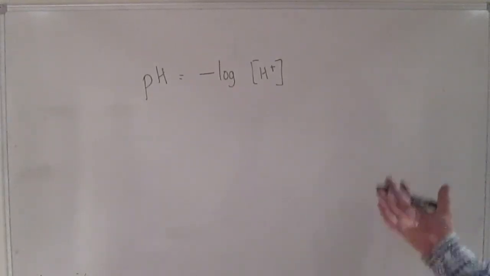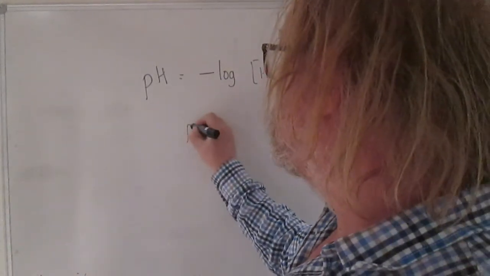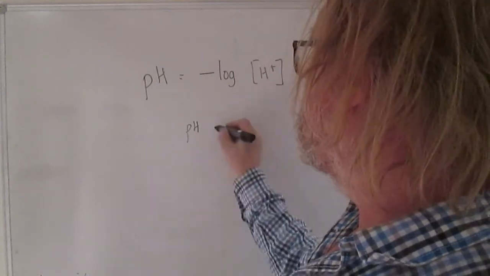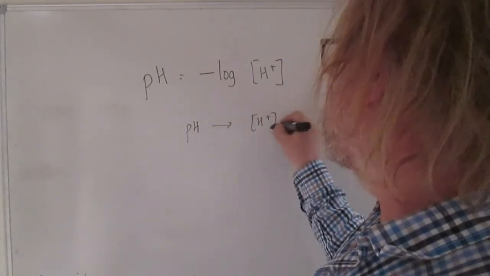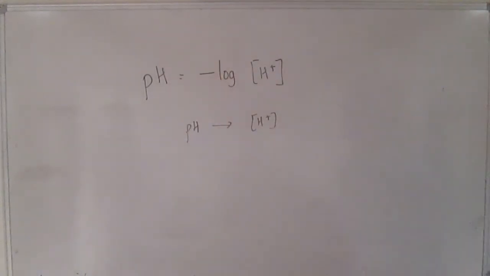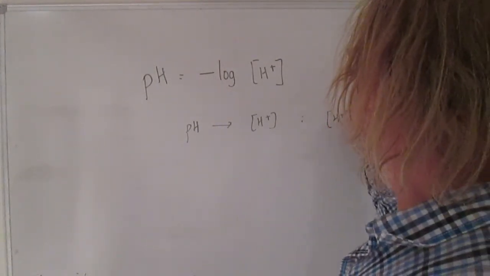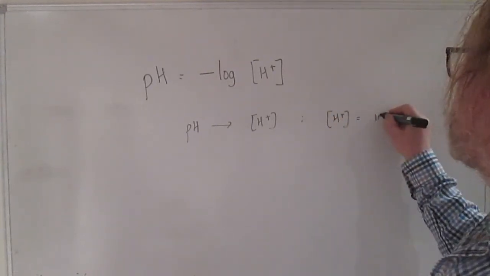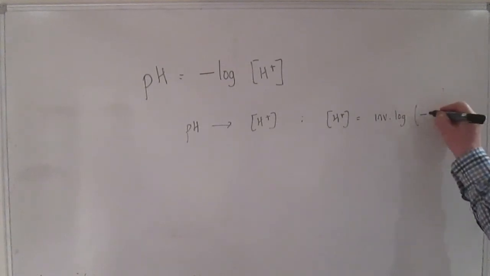Now, of course, you need to be able to go the other way as well. In other words, if you're told what the pH is, you need to be able to turn that into an H plus concentration. So that means we've got to be able to rewrite this expression in the sort of inverse direction. And the way it works is that H plus concentration is obviously the inverse log of minus the pH.